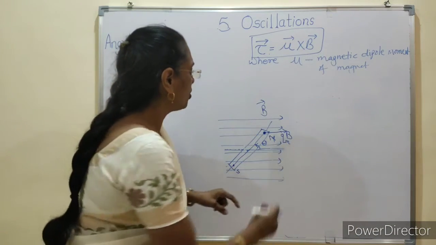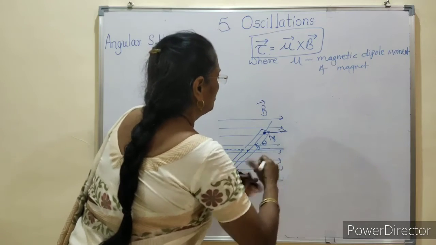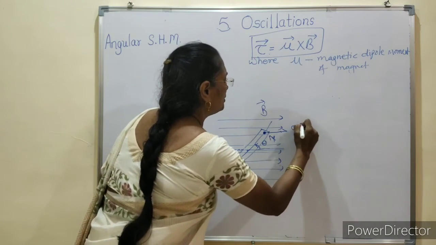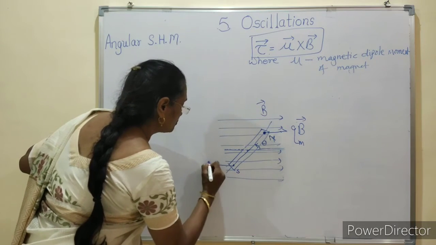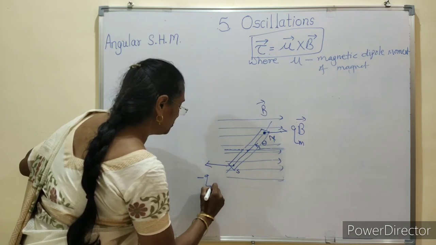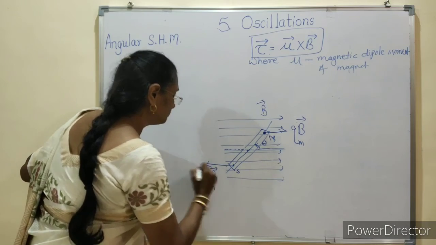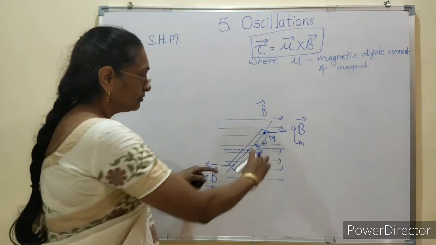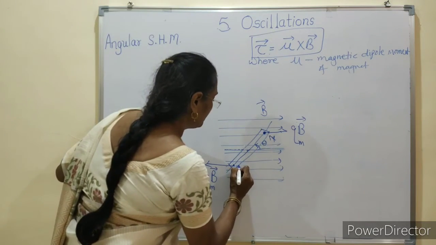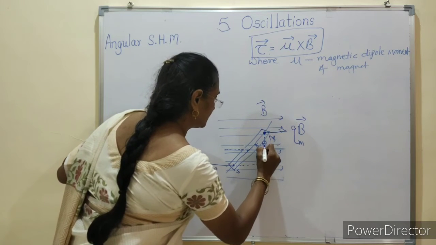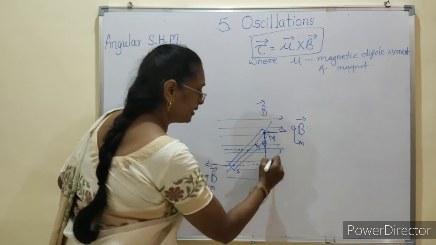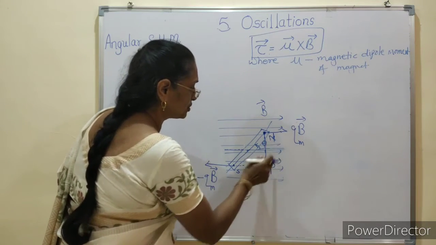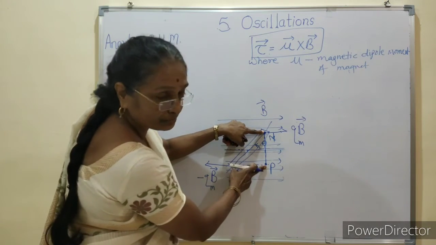So I take here only the derivation of this mu cross B. So force acting on north pole is Qm into B, and on the south pole the force acting is minus Qm into B. The perpendicular distance between two forces is denoted by NP.